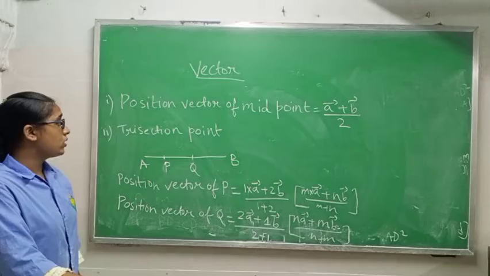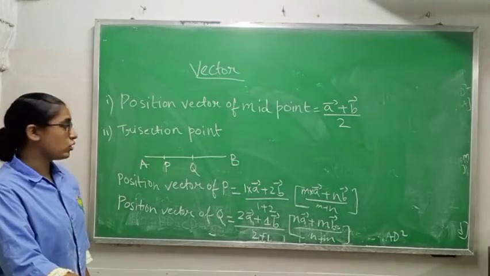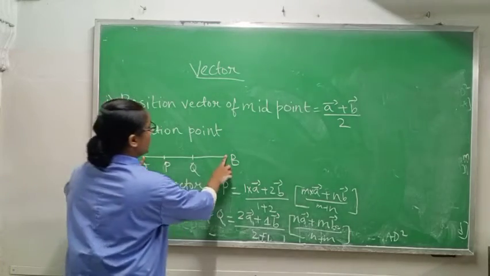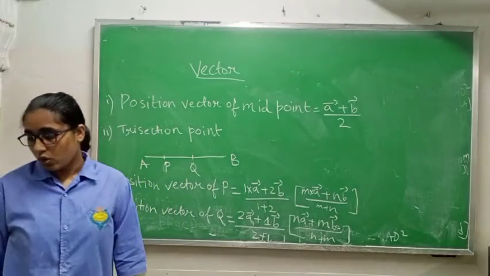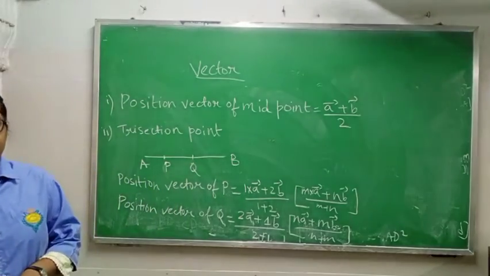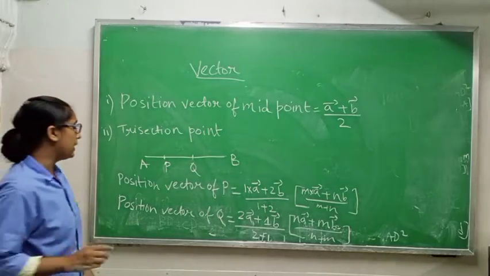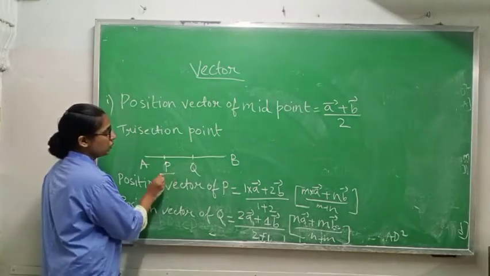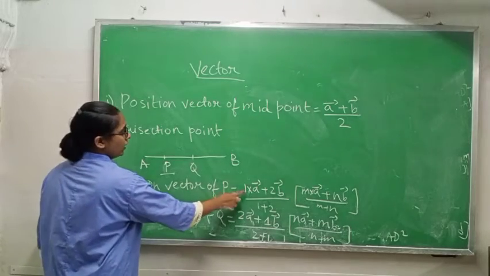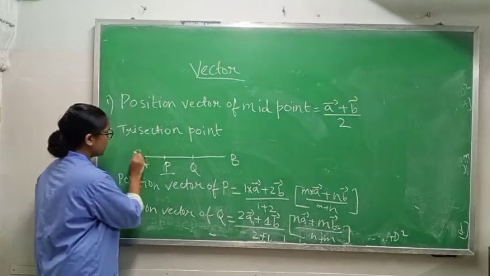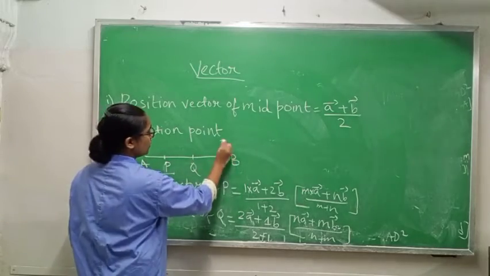Now, if there is a concept of trisection, suppose that AB is the line and P and Q are the internal points of AB. At that time, how will you find the position vector of P? Suppose here it is A vector and here it is B vector.